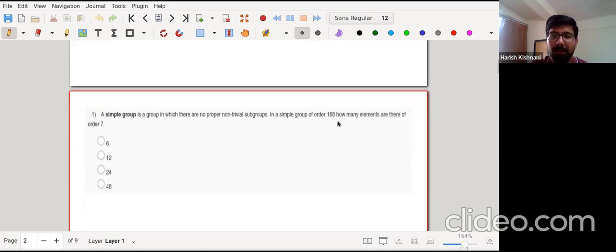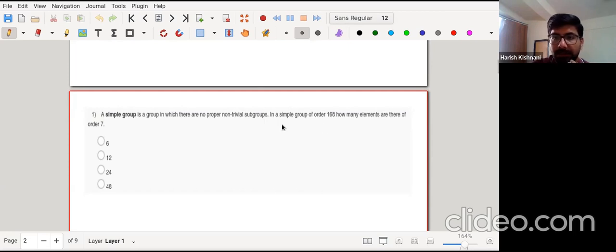In a simple group of order 168, how many elements are there of order 7? You are given that the group has order 168, and you need to calculate the number of elements of order 7 in this group.